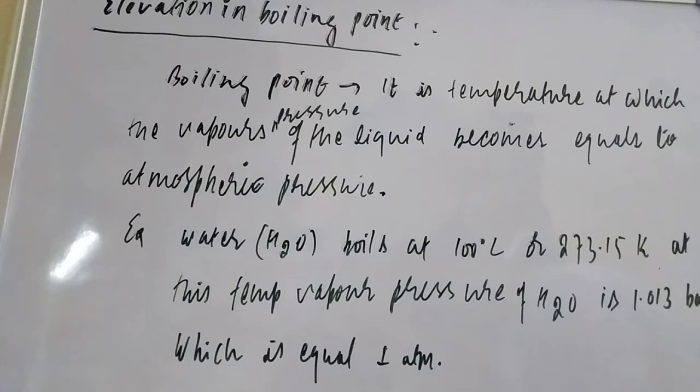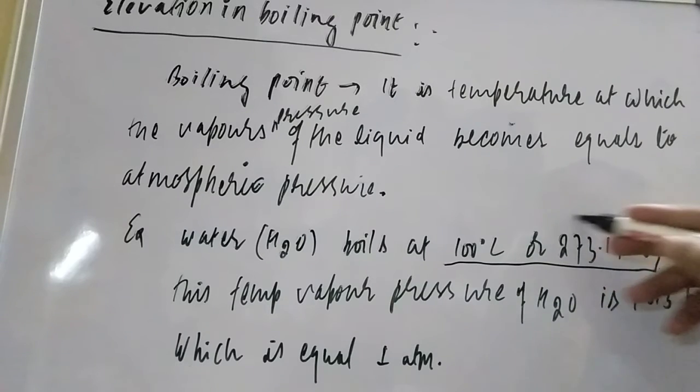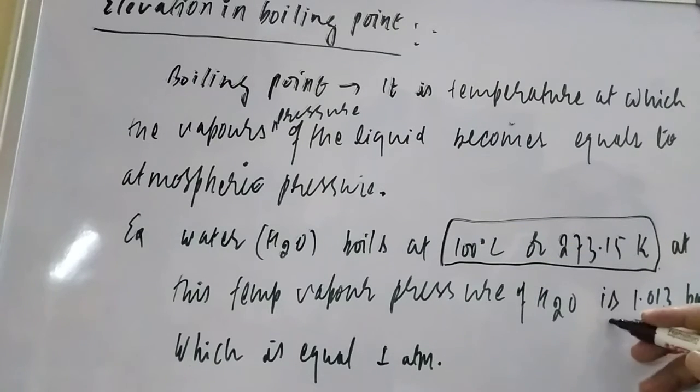We know that on the surface, 1 atm pressure is applicable. So at the particular temperature, 100 degrees, the vapor pressure, about 1 bar, becomes equal to 1 atm.